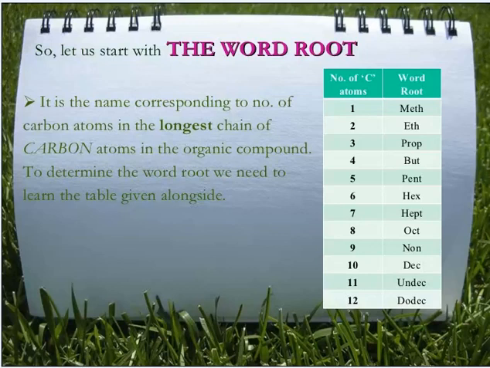To determine the word root, we need to learn the table given alongside. 1 means meth, 2 means eth, 3 prop, 4 but, 5 pent, 6 hex, 7 hept, 8 oct, 9 non, 10 dec, 11 undec, 12 dodec.